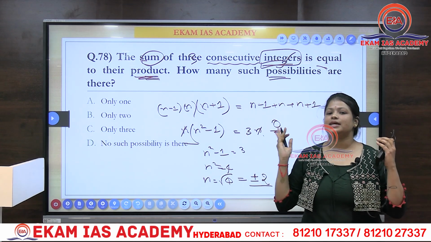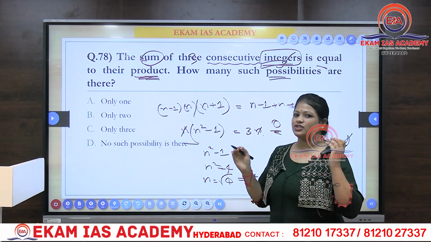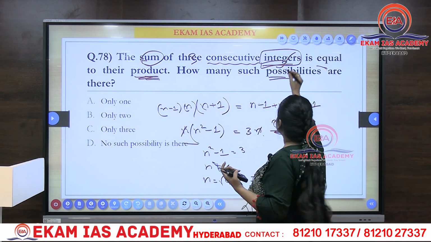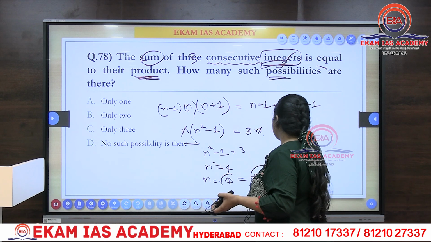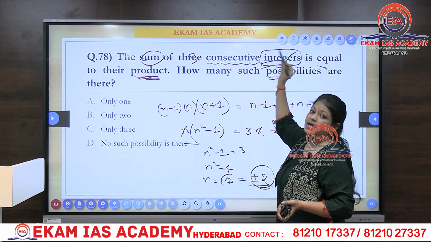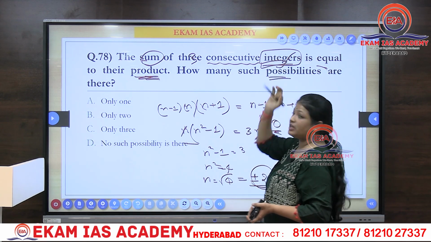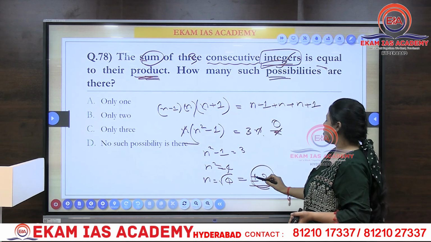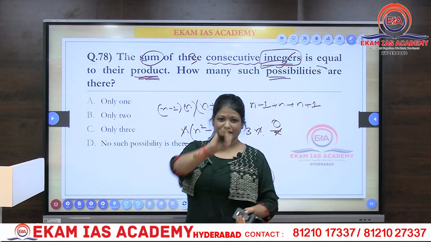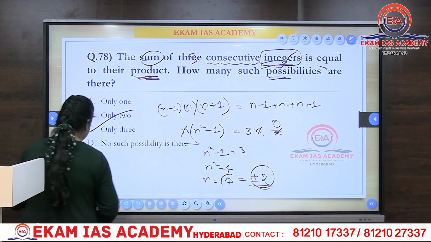All these numbers combined are known as integers. So know your basics. Integers are negative also, so I am taking plus or minus 2. So this condition is correct for 3 possibilities: 0, plus 2 and minus 2. So there are 3 possibilities in total.